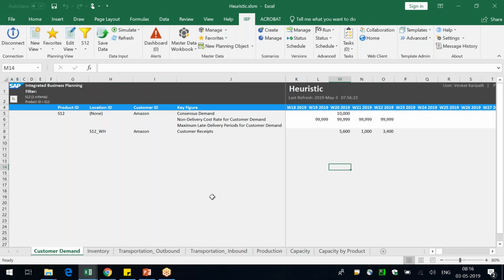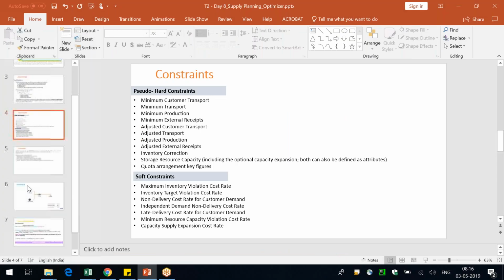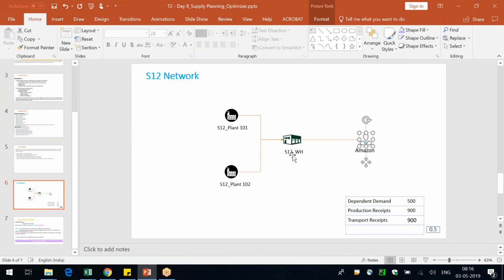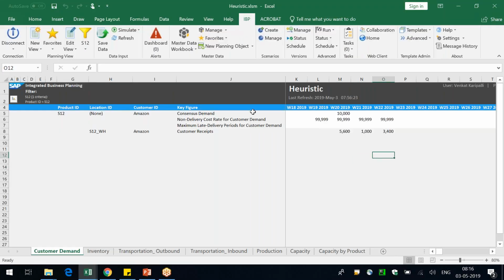Again, we came to the planning view. Now let's run some optimizer runs and see how it works. Same network: Amazon connected to the warehouse, further connected to two plants. Yesterday, if you remember, we maintained the consensus demand and no costs.